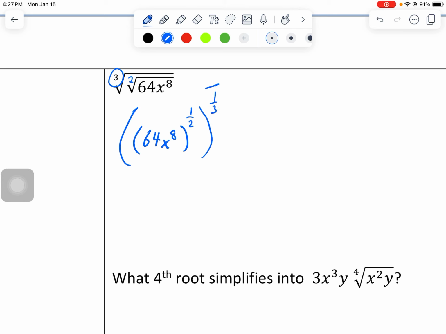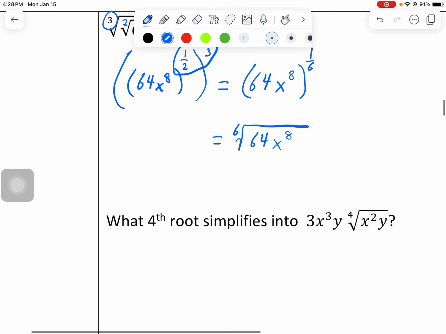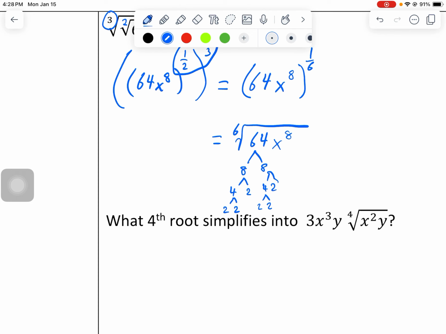So now let's just work our way down. I know that these are going to multiply. So I'm going to get 64 x to the 8th, and that's going to be to the 1/6 power. Now what I could do here is rewrite this as a 6th root. I know we haven't done a 6th root, but it's the same idea as everything else we've done. We're just looking for groups of 6. So 64 can break into, let's do 8 and 8, 4 and 2, 2, 2, 4 and 2, 2 and 2.